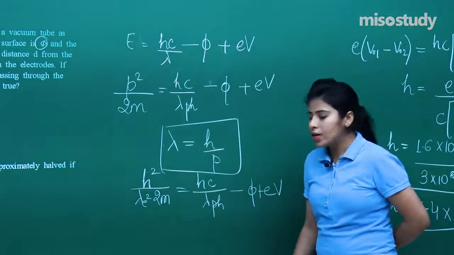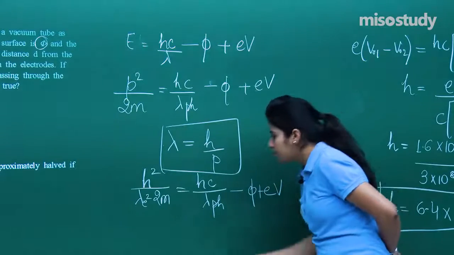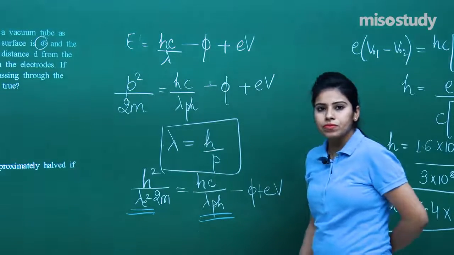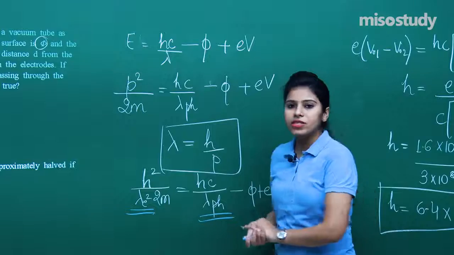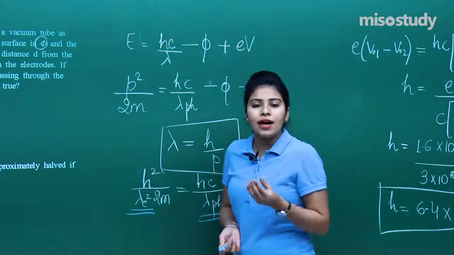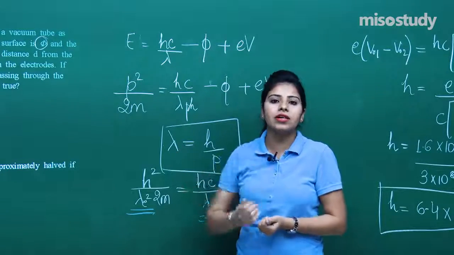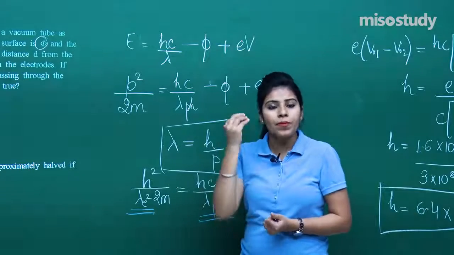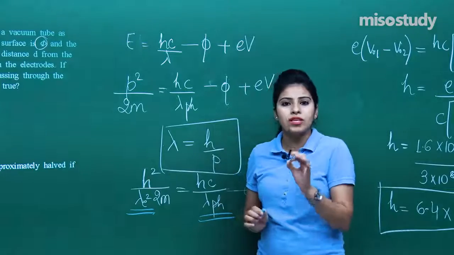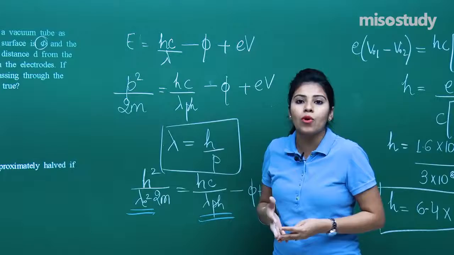Now you have this equation with you. What you can see from here is that you have a relation between this lambda e and lambda ph, right? Because you know that JEE Advanced is a little bit higher than JEE Mains, you have to prepare your mind for that level, where you are going to face such questions where you apply multiple formulas.